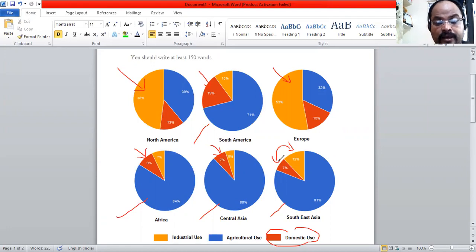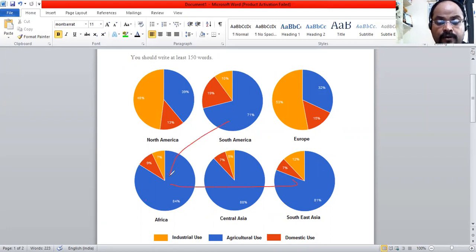Now, I can say it's very clear that in these regions, the rest of the water goes for industrial use. So if I have said the data of these 4 regions, agriculture is over, domestic is over, then what is left?